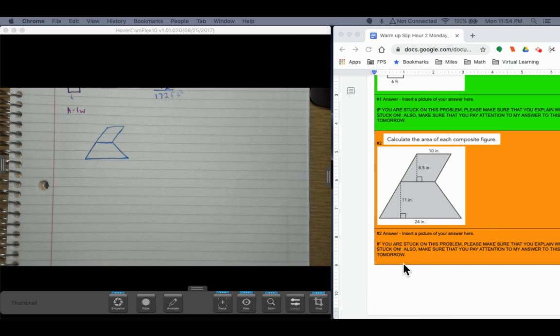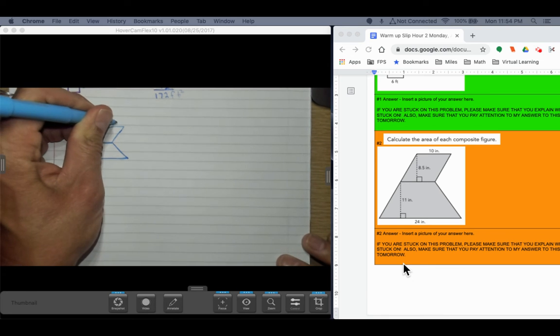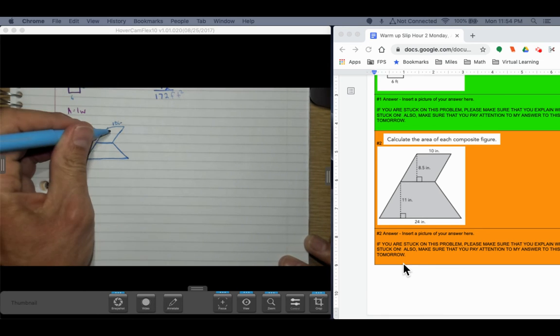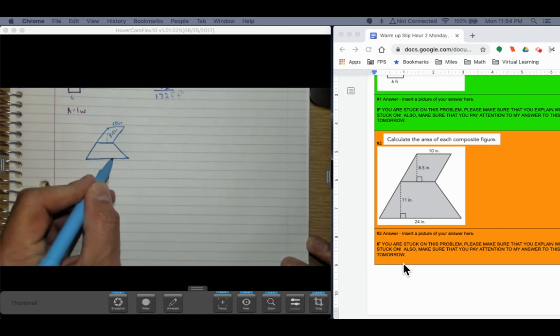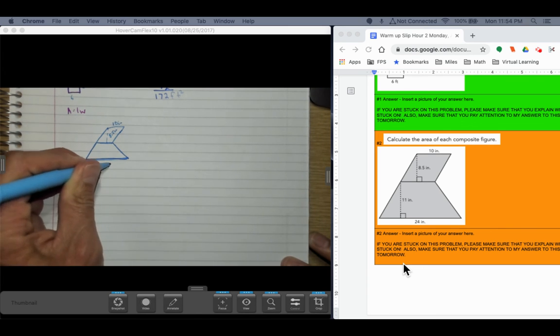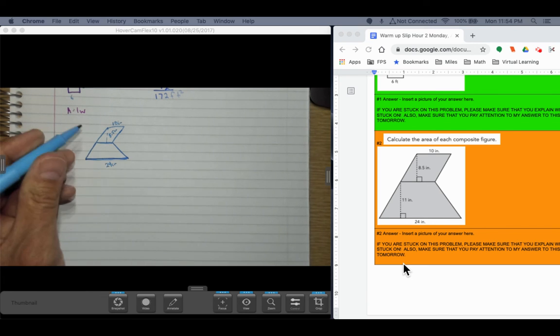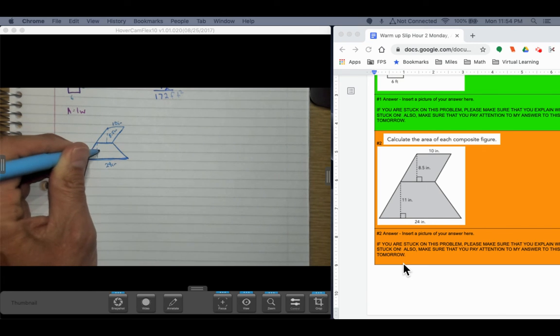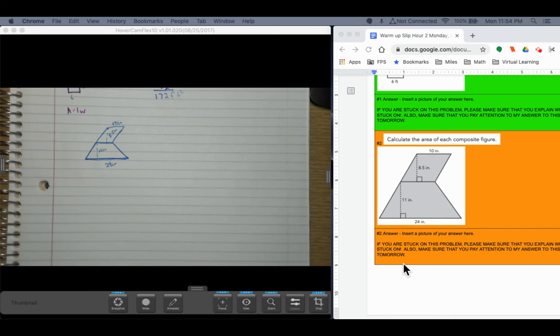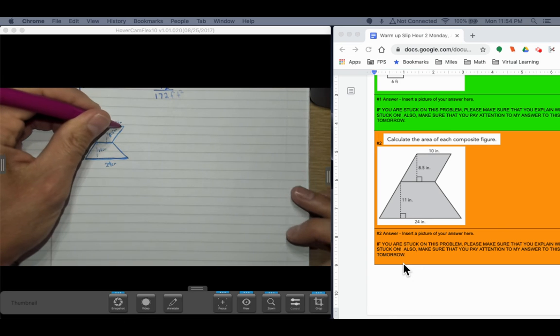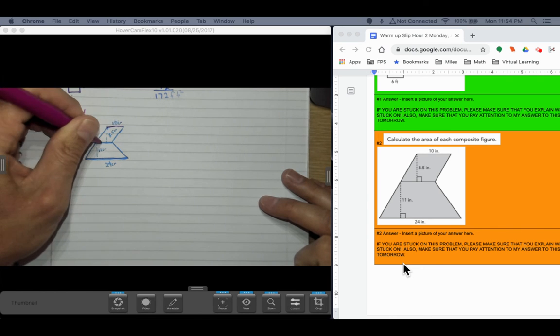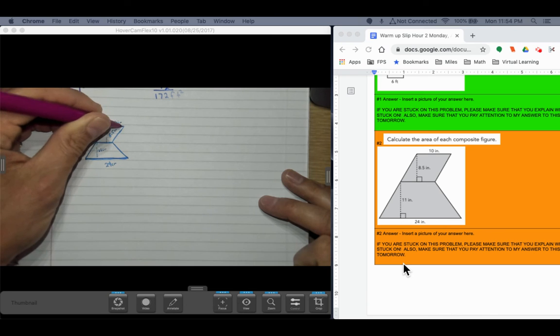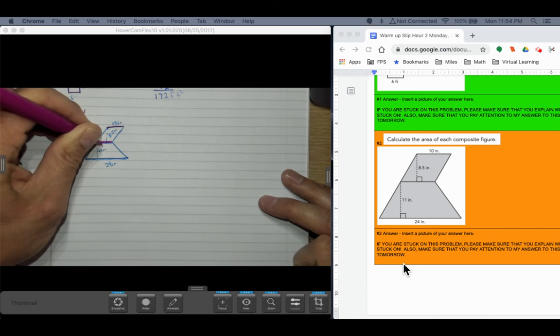Then, when I look at this, the base of this is 10 inches. The height of this is 8.5 inches. The base of this is 24 inches. And then the height of this is 11 inches. Next, this is a parallelogram, and the parallel sides, this is 10 inches, so this bottom one is also 10 inches.